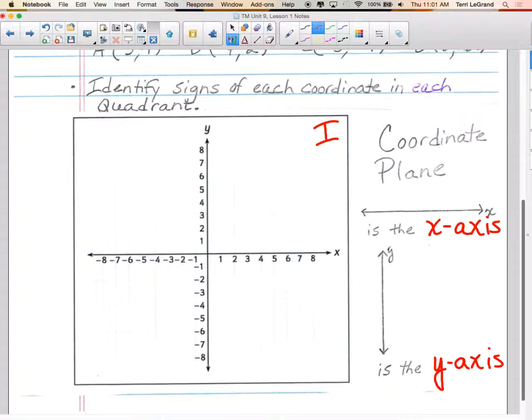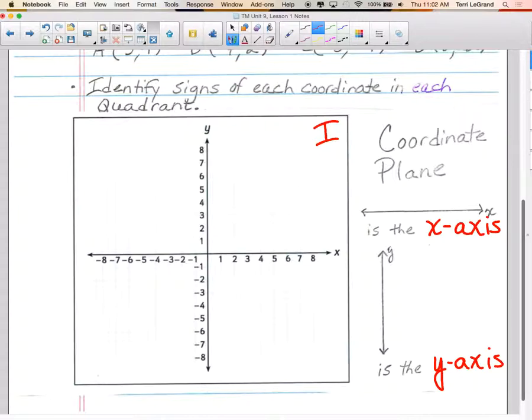Now, where's quadrant 2? We have the upper left, we have the lower left, we have the lower right. I'm going to give you a little hint. It goes counterclockwise from quadrant 1. What's counterclockwise? This way or that way?